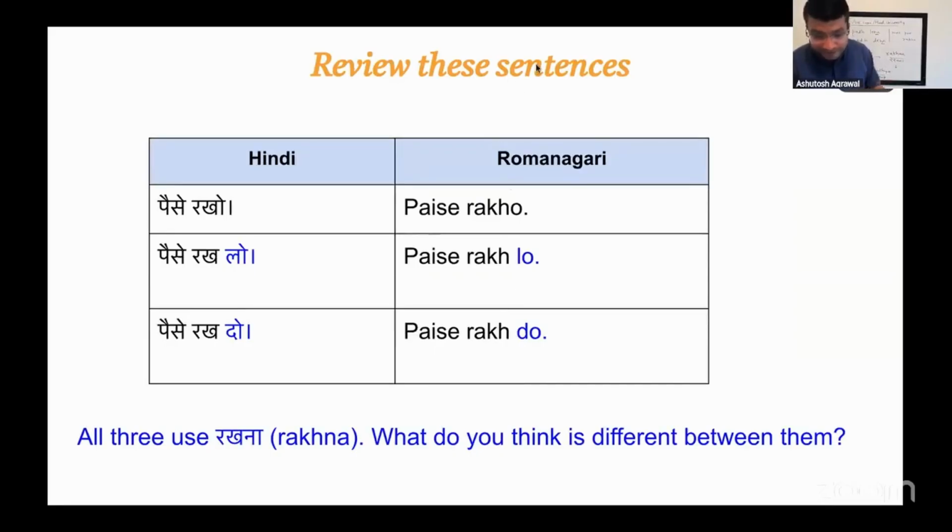Now, you will hear Hindi speakers using, as I said, compound verb quite a lot, even without knowing the meaning of it. Rakhna can be used with other auxiliary verbs to make a compound verb. If you put it with lena and dena, it is rakh lena and rakh dena.